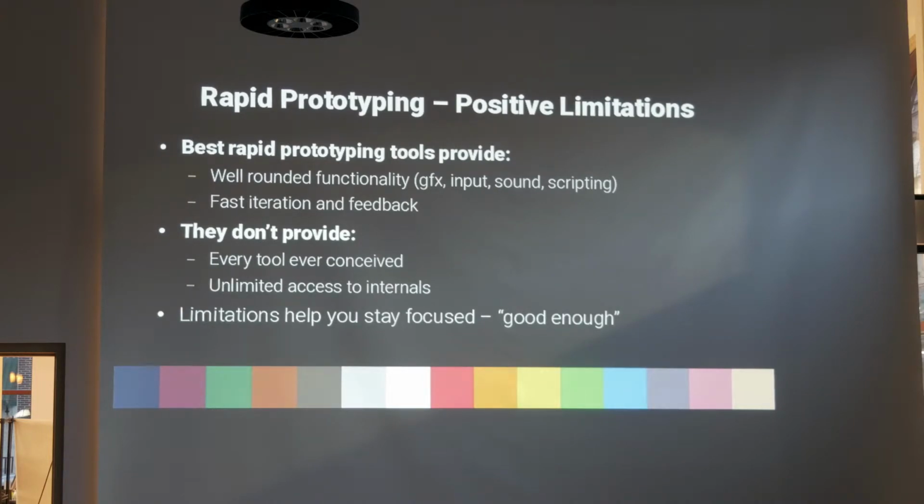A good rapid prototyping tool is not going to be one that you have to sit there compiling for half an hour every time you change something. But good rapid prototyping tools also aren't going to give you every single tool ever. They might give you some weird special case ones depending on the rapid prototyping tool, because there are some that are designed for prototyping specific types of things.